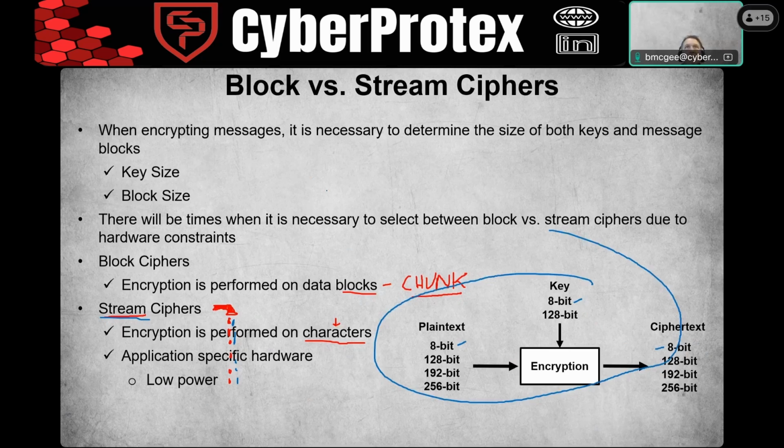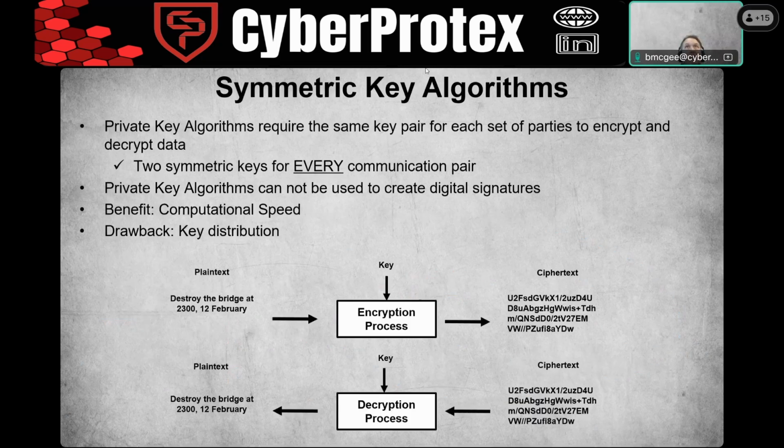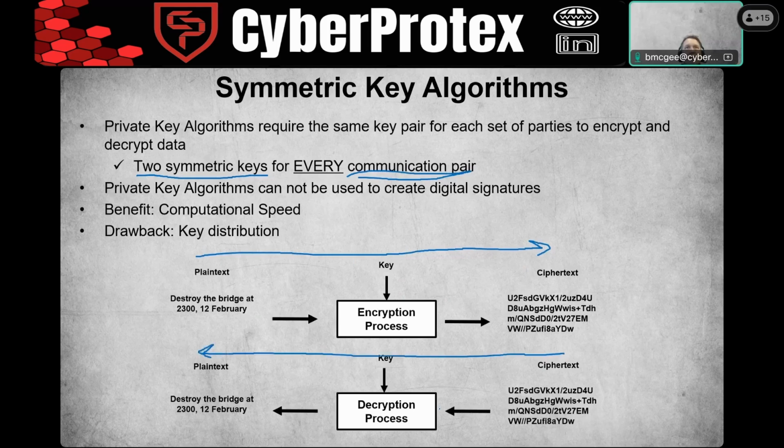In addition to that, we can look at these different types of algorithms for symmetric keys. For each communication that we have, there's going to be 2 symmetric keys. There's going to be one that's going this way, and then another one that's going this way.